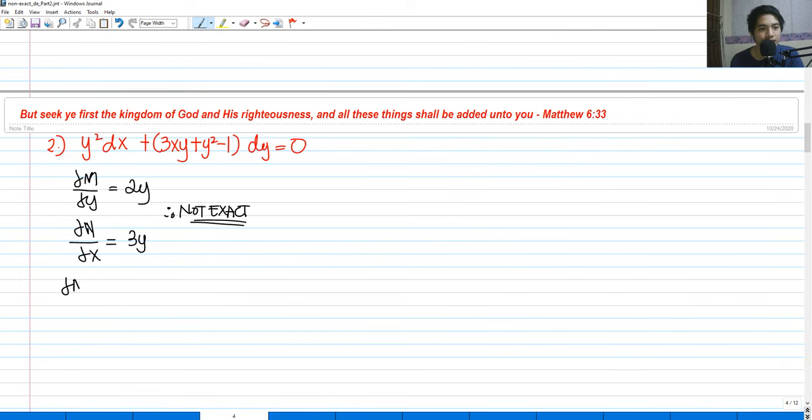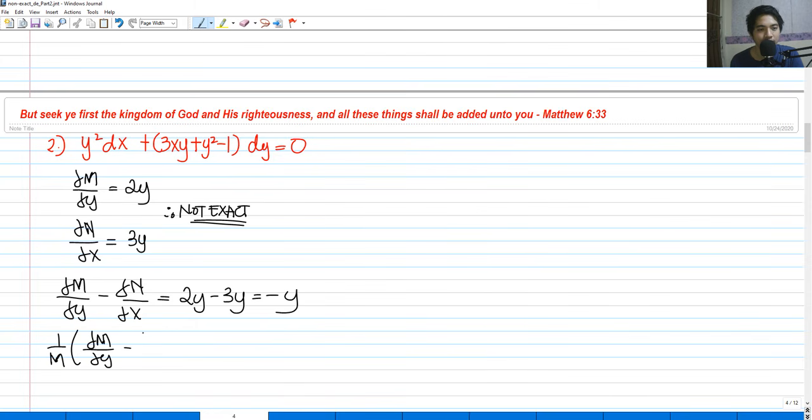So we get the difference of partial of M with respect to y and partial of N with respect to x. So we have 2y minus 3y, and that is negative y. Obviously, what are we going to use? Is it the N or the M? 1 all over M or 1 all over N? Of course, this 1 all over M. We're going to use 1 all over M times partial of M with respect to y minus partial of N with respect to x.